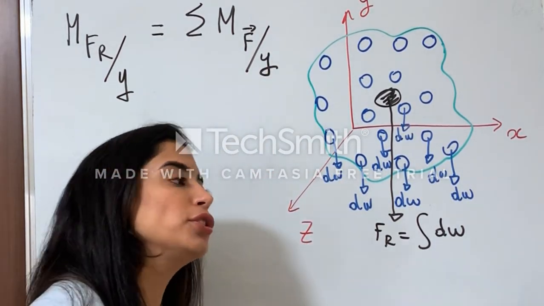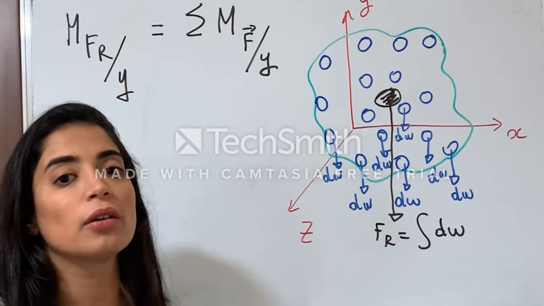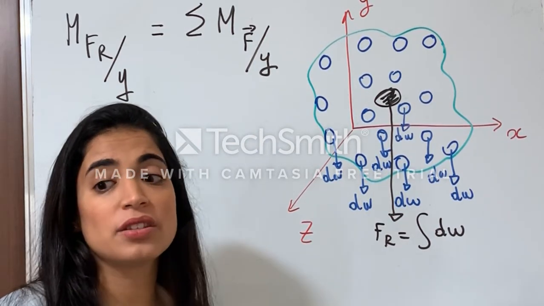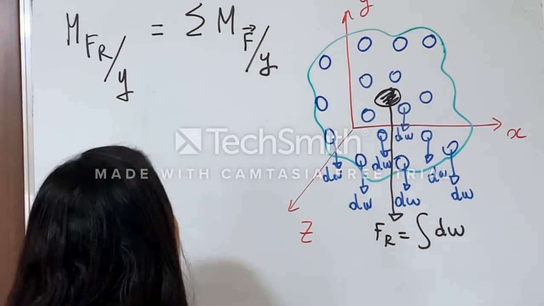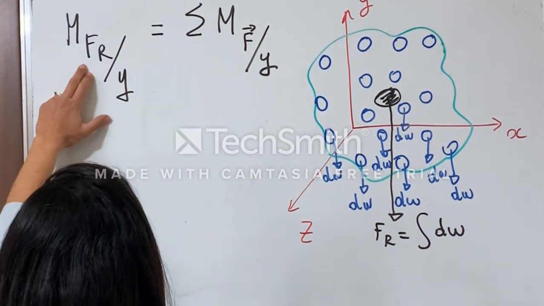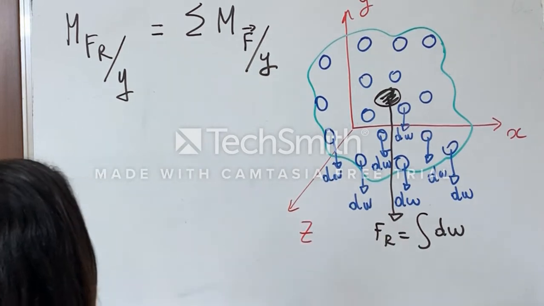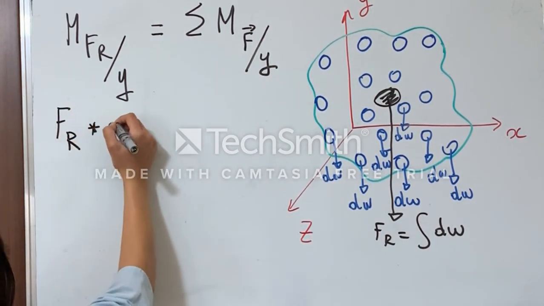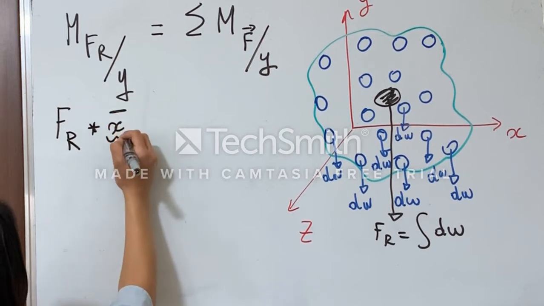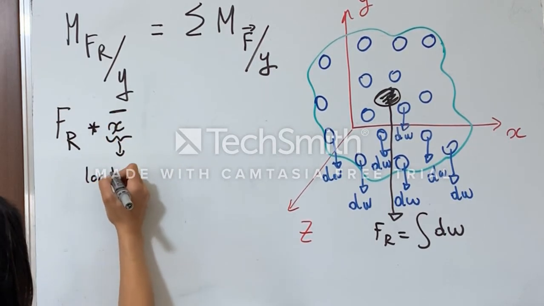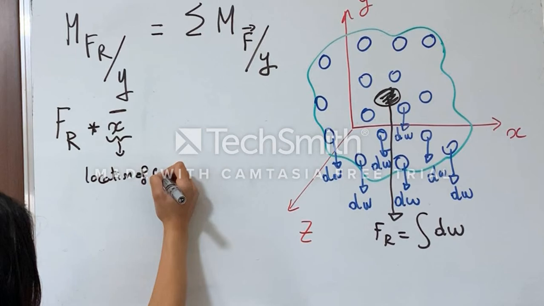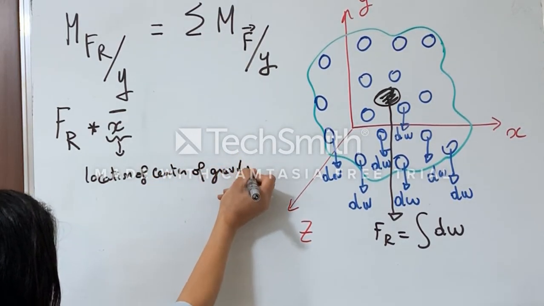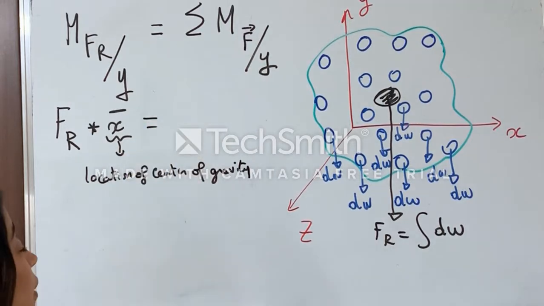I know from the equation of the moments that the moment around y is equal to x times this force. So basically, guys, the moment of F resultant around y will be equal to F resultant times x bar that I need to find, and this will be the location of what? Of the center of gravity. Which is also equal to what?